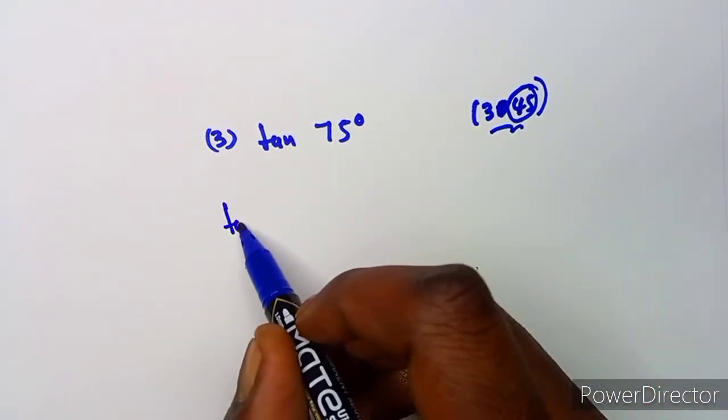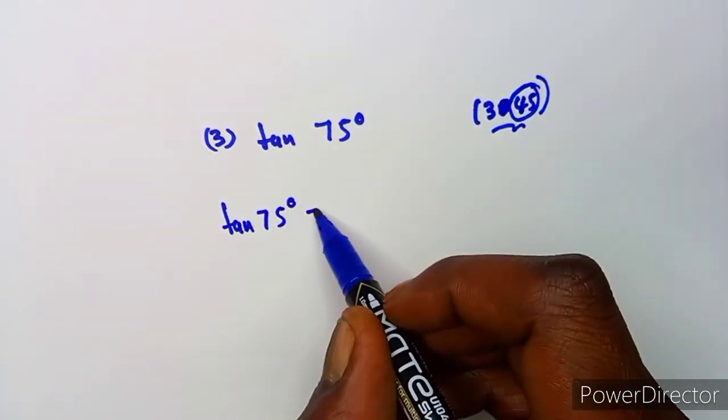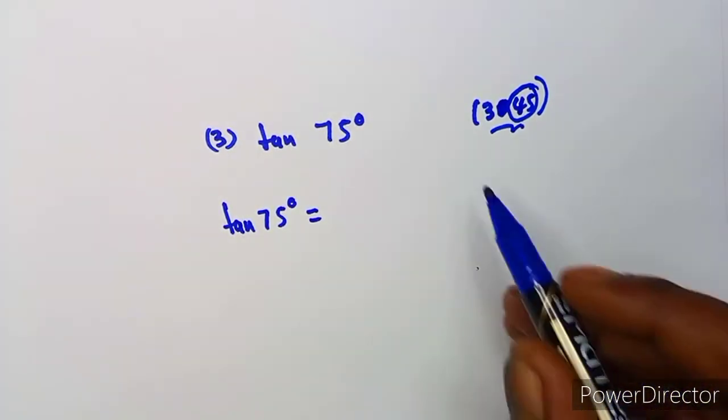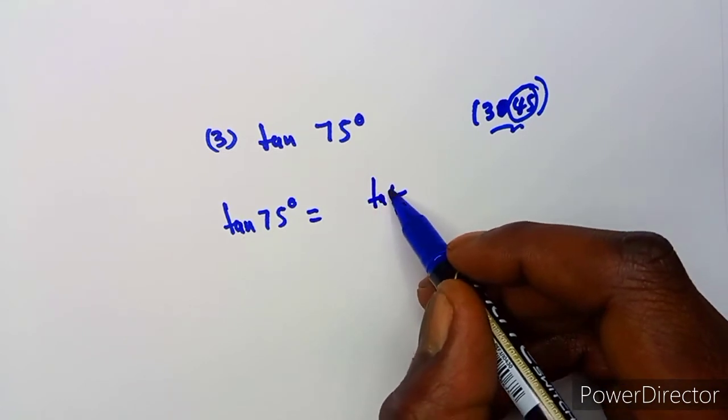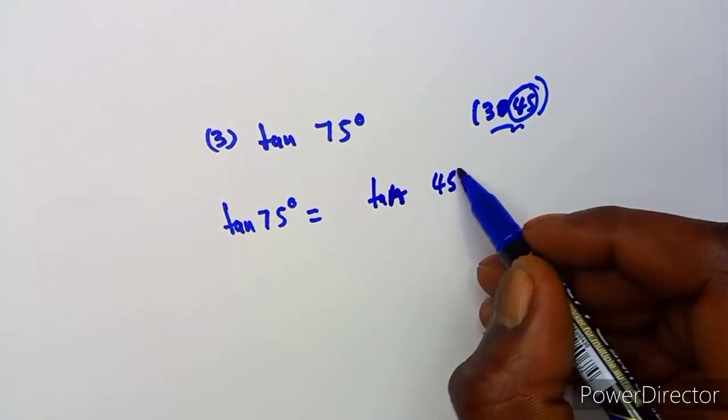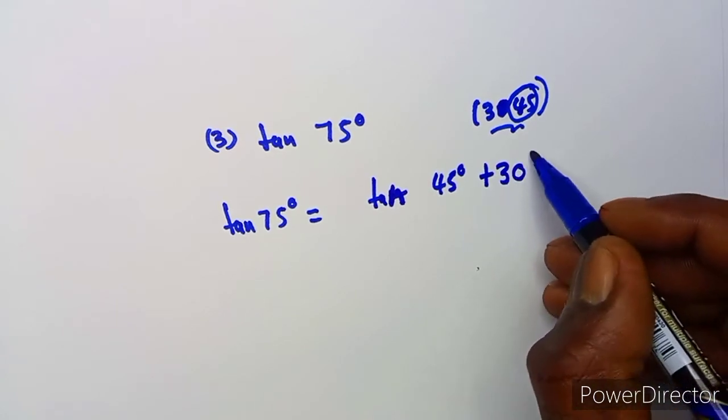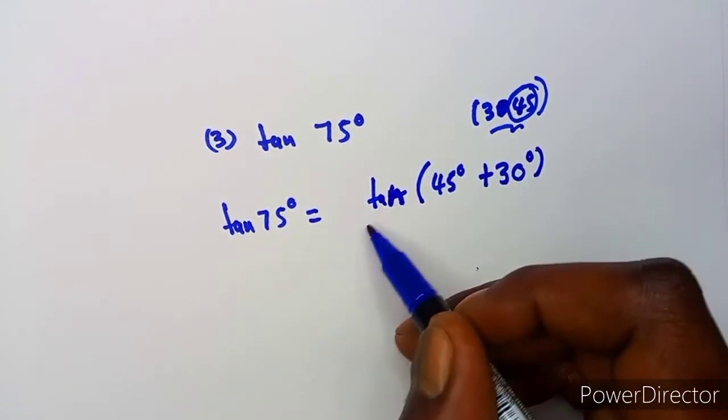So that means this tan 75 degrees is equivalent to, I don't know which one you are going to start with, 45 or the other, but this will be equivalent to tan 45 degrees plus 30 degrees. If I add these two, they must give me this value.